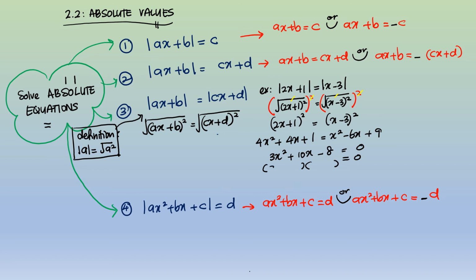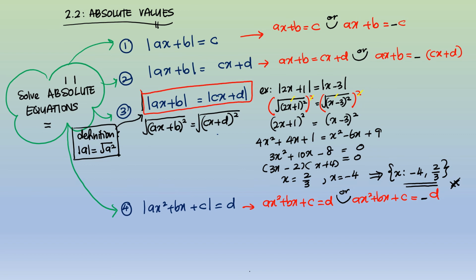You will get (3x minus 2)(x plus 4). So x equals 2 over 3, x equals negative 4. Our final answer should be written as negative 4, 2 over 3. We start with the lowest to highest value. So that's how you solve the equation that has all modulus inside.